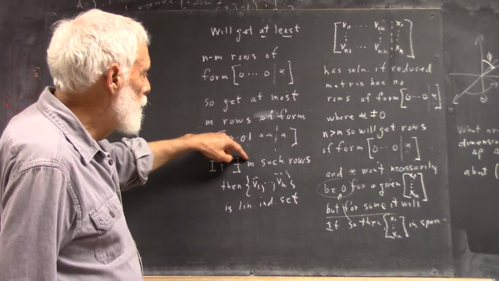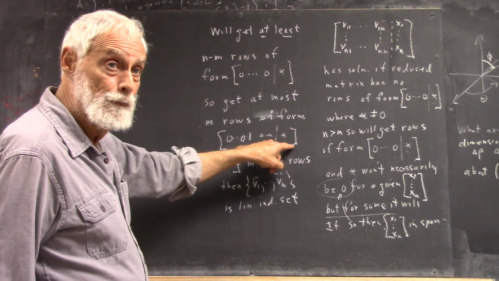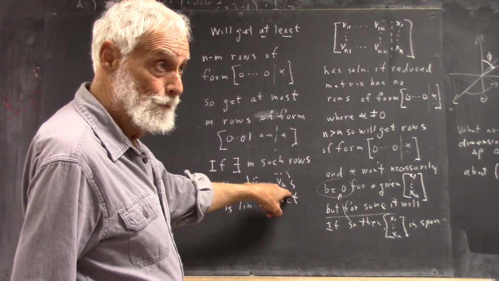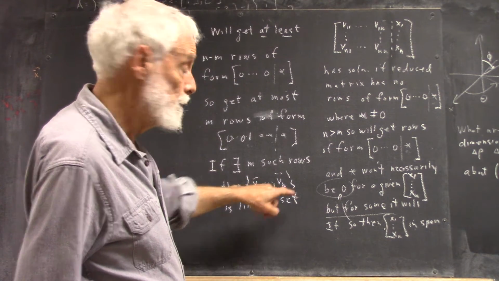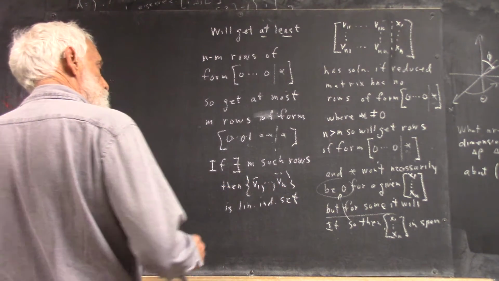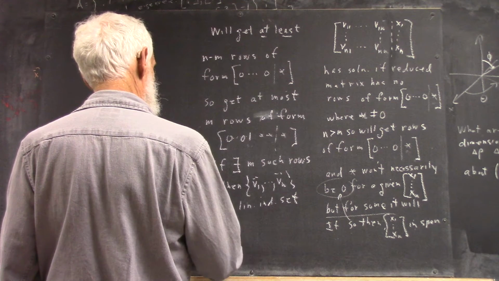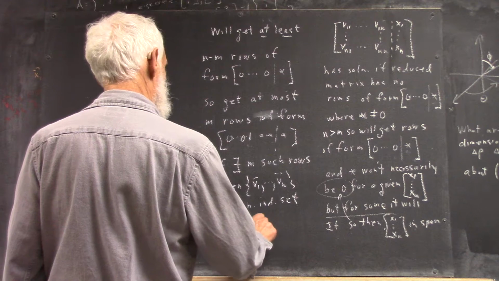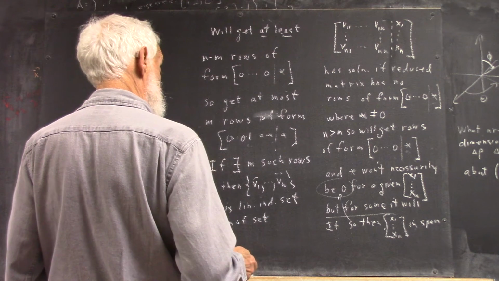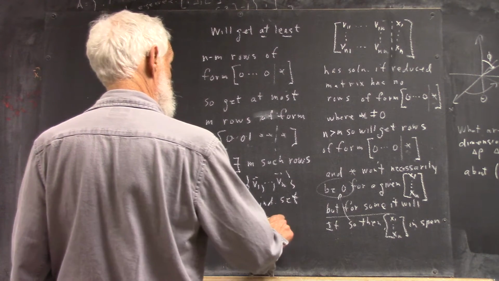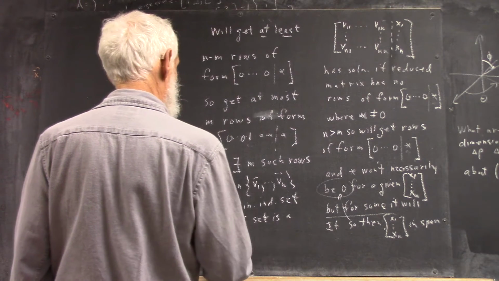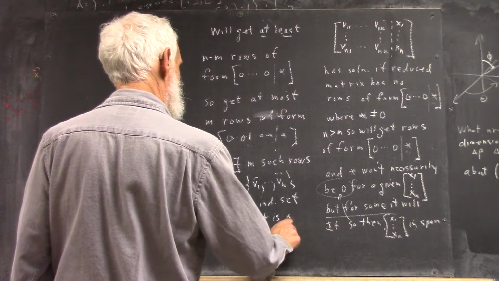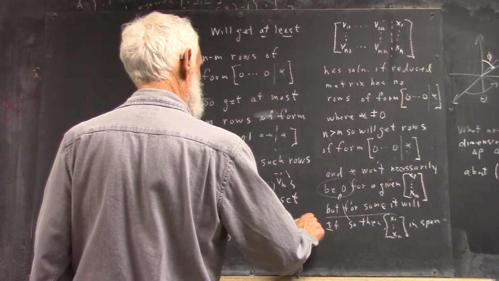But if there are m rows of this form, it follows that this is a linearly independent set. In this case, the span of this set is a subspace of Rn.